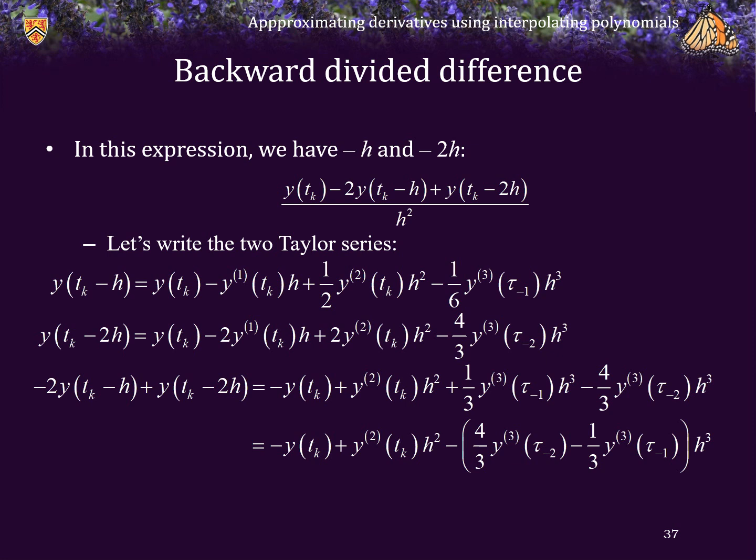Instead, we can say that as long as the third derivative is approximately constant within the vicinity of t sub k, we can approximate the error term as follows. It's simply the third derivative evaluated at t sub k all times h cubed.